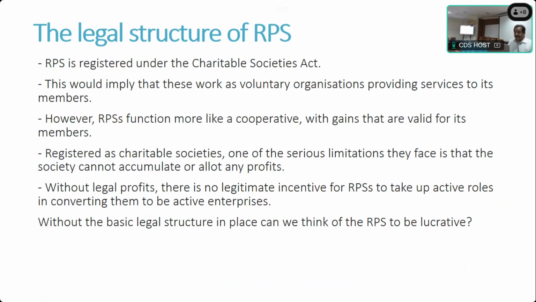Without legal profits, there is no legitimate incentive for RPSs to take up active roles in converting themselves into active enterprises. RPSs are not growing as active enterprises simply because there is nothing there to be earned. There is no profit. You have to work as a voluntary person there. There is nothing to earn there. Now, without a basic legal structure in place, can we think of RPS to be lucrative?